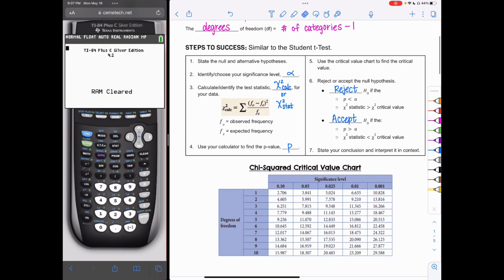So in terms of reading a critical value chart properly, in order to find the critical value, it is going to be based upon two things. It is going to be based upon your significance level, and it's also going to be based upon your degrees of freedom.